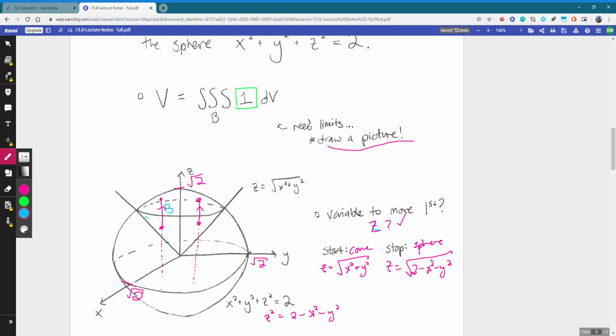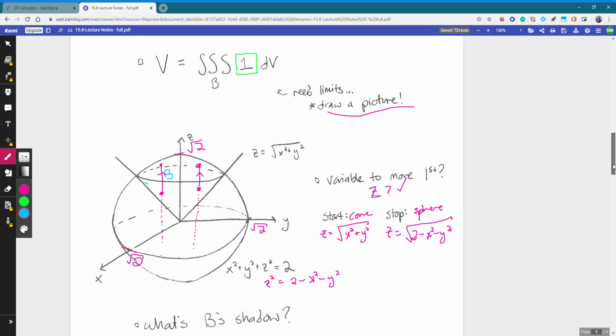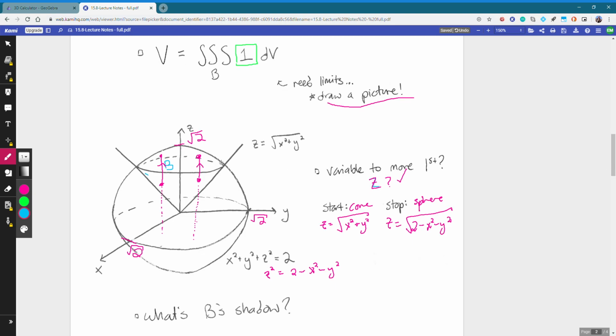Now we need to figure out the rest of the story. So to do that, right, we ask our question, what is B's shadow? In this case, it's z's shadow, right, hanging out here in the XY plane. All right, and so if we take our ice cream cone and imagine, right, here's our little hovering flashlight that's shining down.